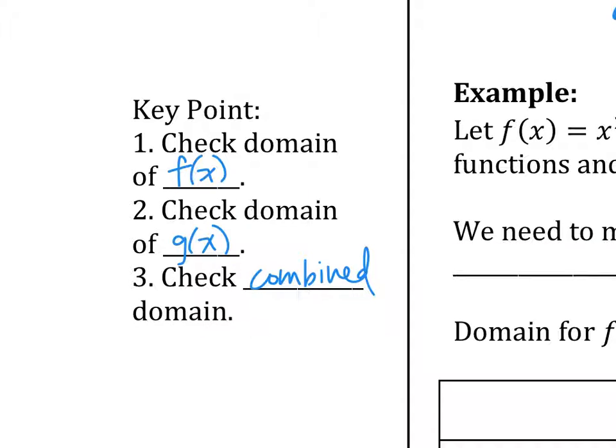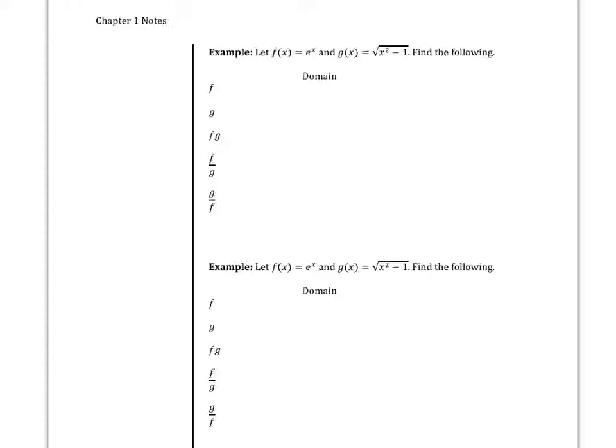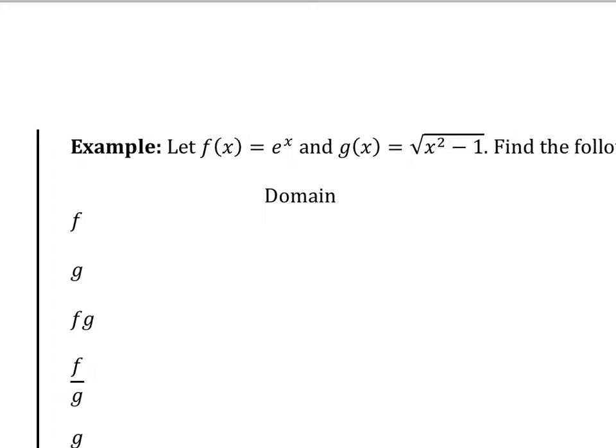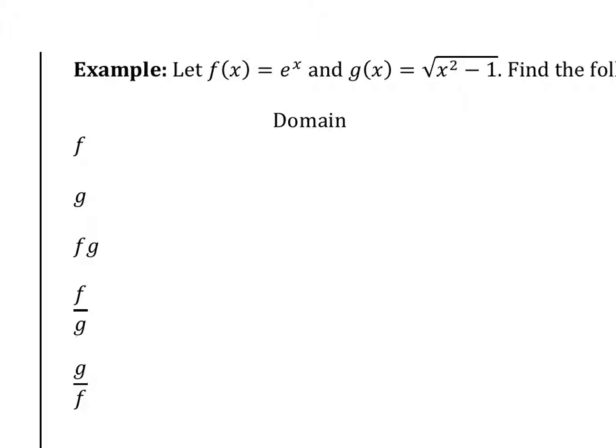Okay, let's look at an example. So this is where you have to remember your parent functions pretty well. F is e to the x, g of x is square root of x squared minus 1. We got to find the domain for all of these. What's the domain for e to the x? All real numbers.